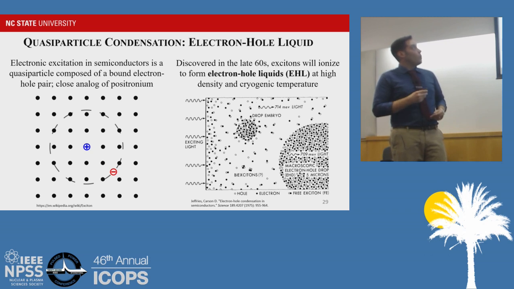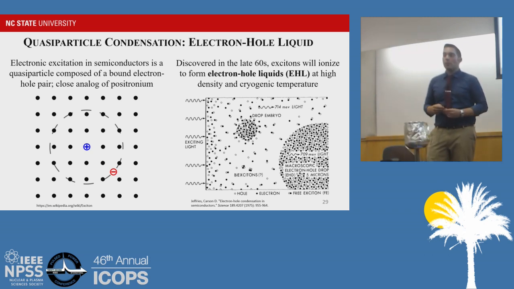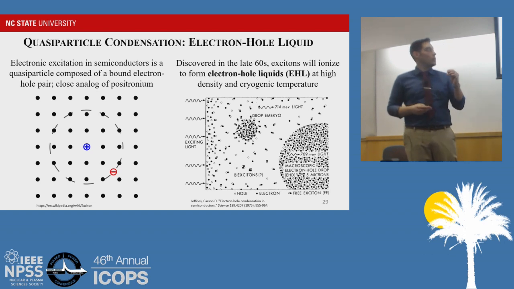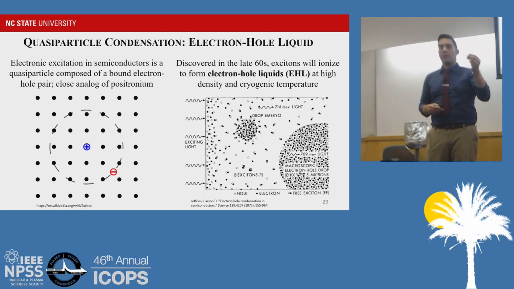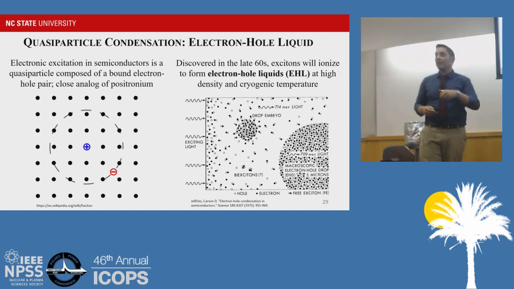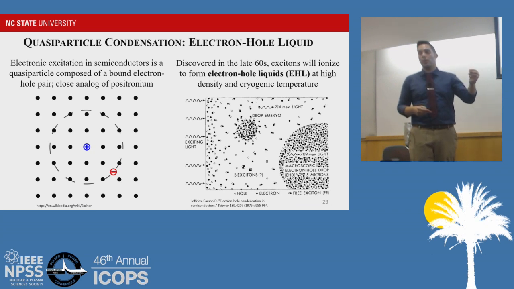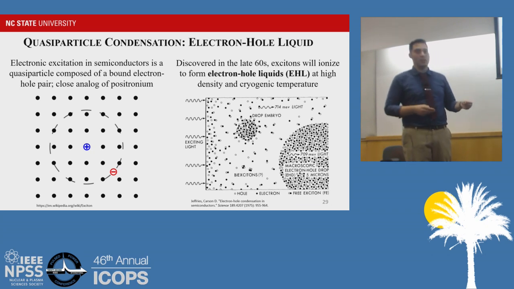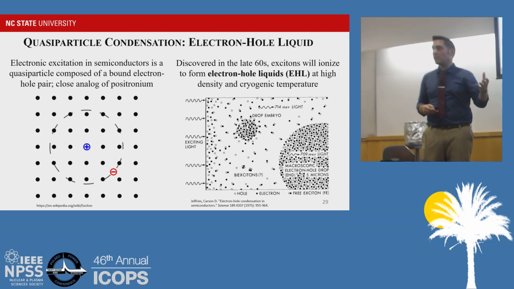So in a semiconductor, if you send in light, you actually excite an electron from the valence band into the conduction band, and that leaves behind a hole. These aren't real particles. The electron itself isn't even considered a particle in semiconductors. It's considered a quasi-particle because it doesn't have the same mass as a free electron.